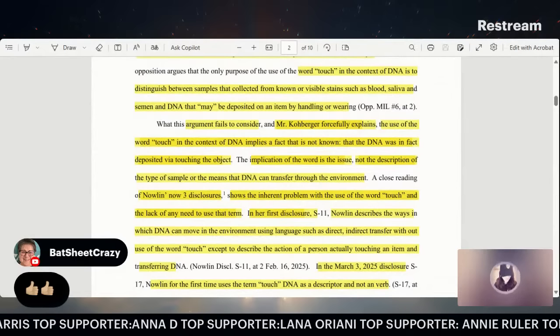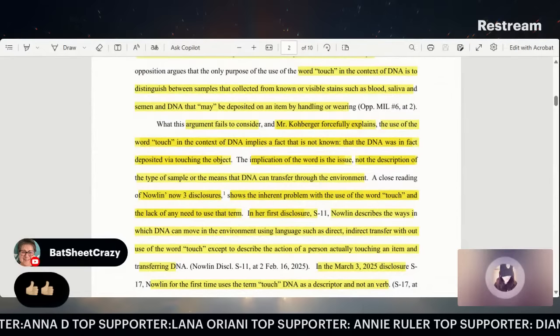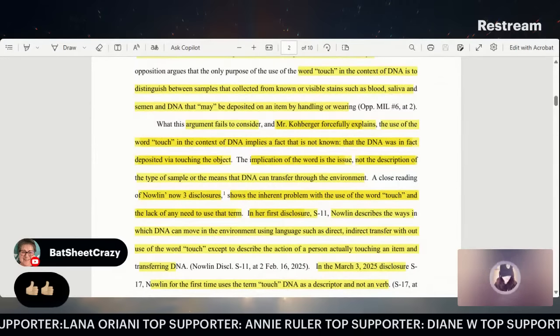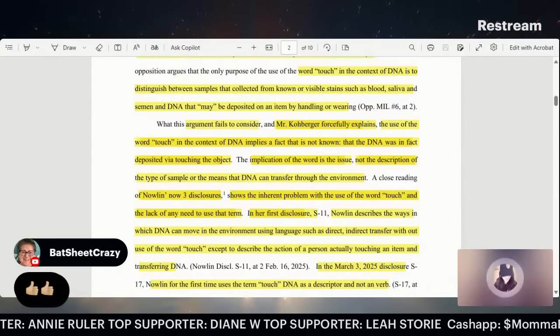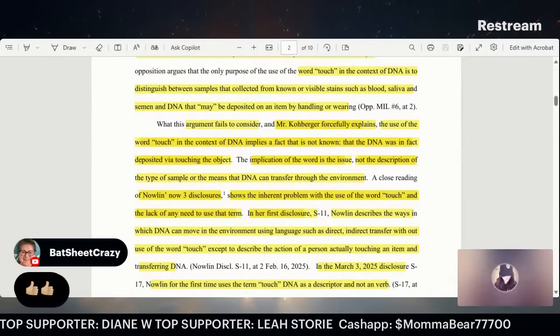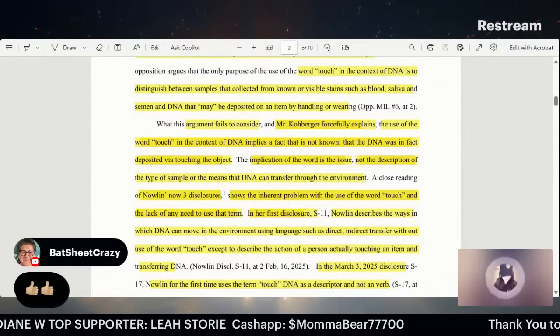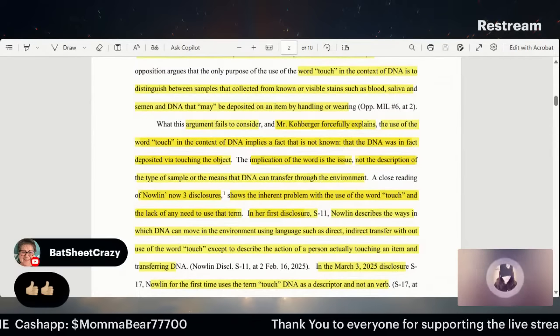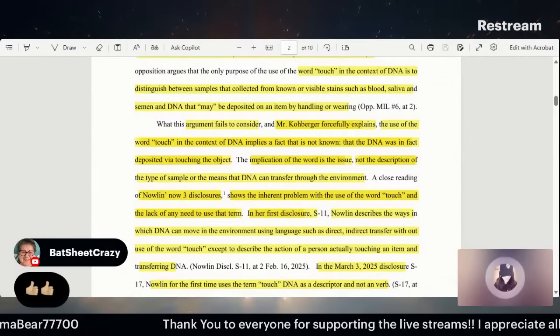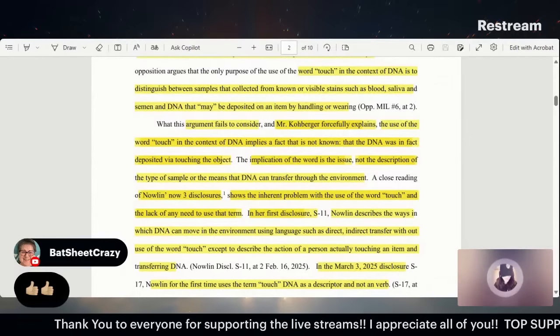The implication of the word is the issue, not the description of the type of sample or the means that DNA can transfer through the environment.